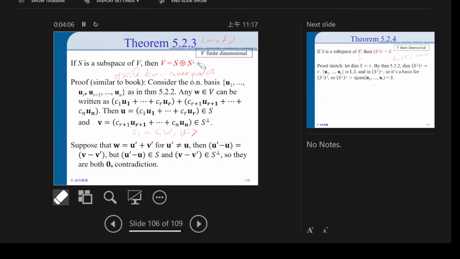So we will have this orthogonal complement. I guess we skip the definition of orthogonal complement for a general inner product space, but it's very similar to what we have in Rn. So this S perpendicular for a general inner product space is just the collection of things that are perpendicular to S.